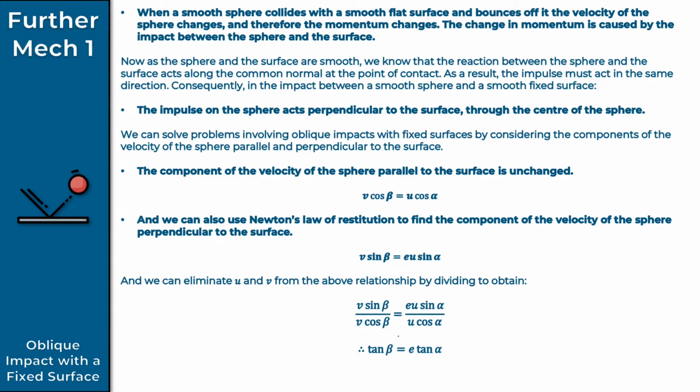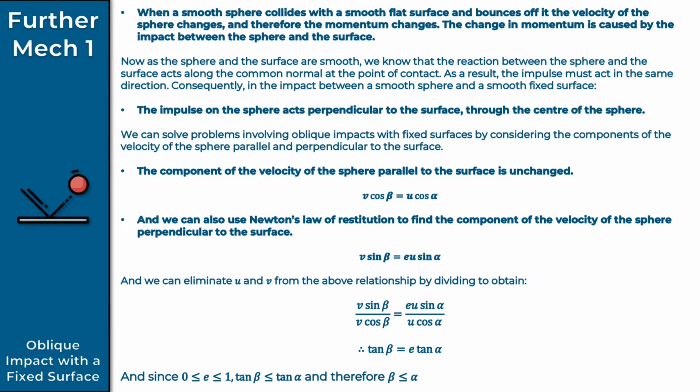I've got sine beta over cos beta, which by basic trig identities is tan beta. On this side, the u's will cancel. I've got sine alpha over cos alpha, which gives tan alpha, so we have e times tan alpha. So tan beta equals e times tan alpha.